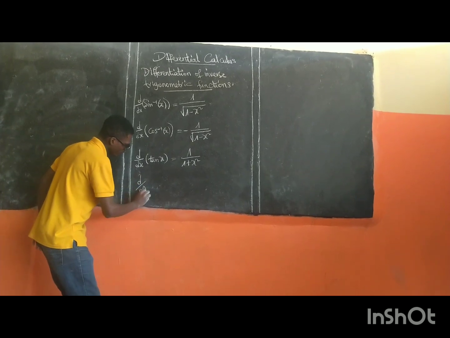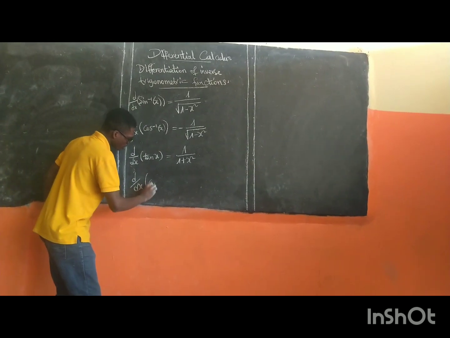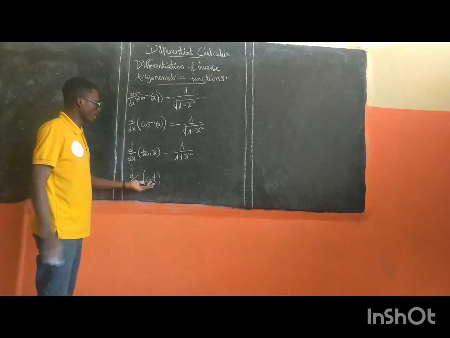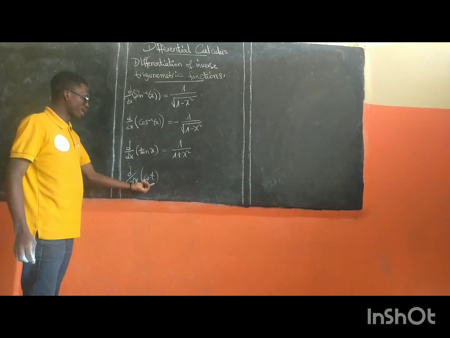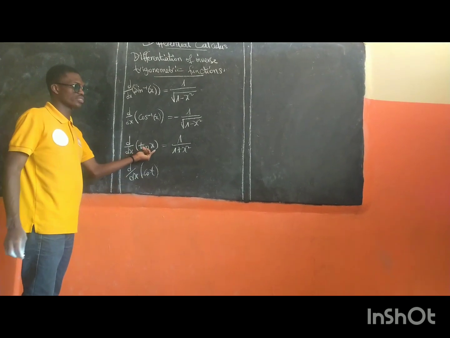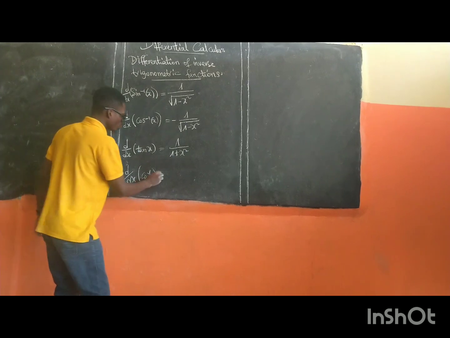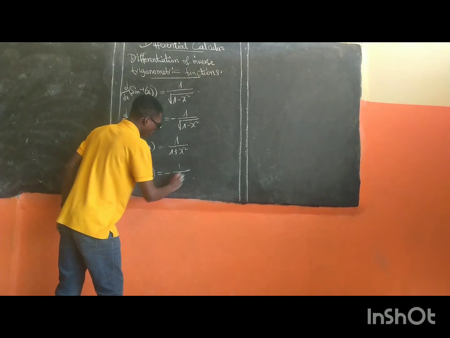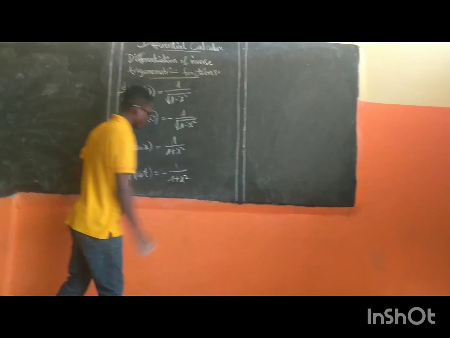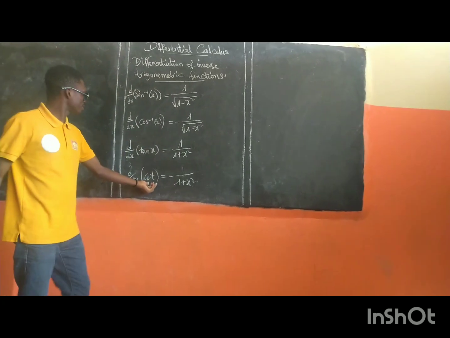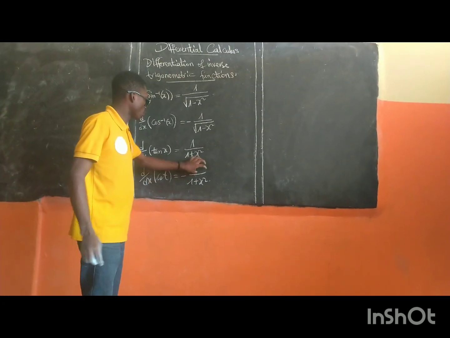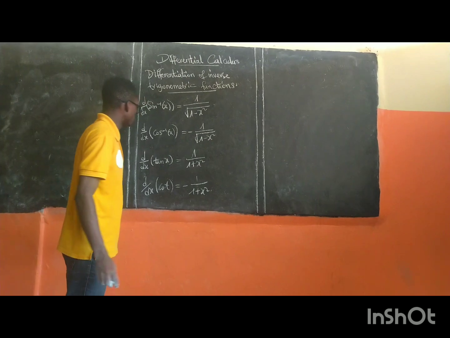Meanwhile, the derivative d by dx of cot inverse x, remember that cot x is the reciprocal of tan x, is equal to negative 1 on 1 plus x squared. The derivative of cot inverse x is negative 1 over 1 plus x squared.